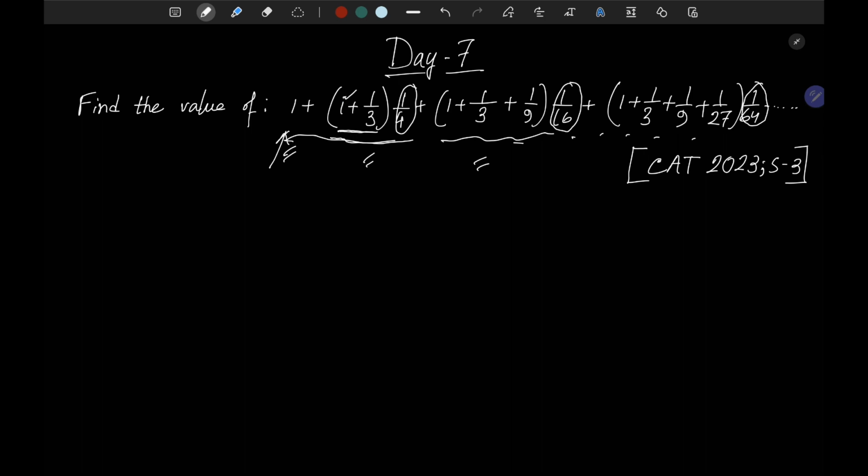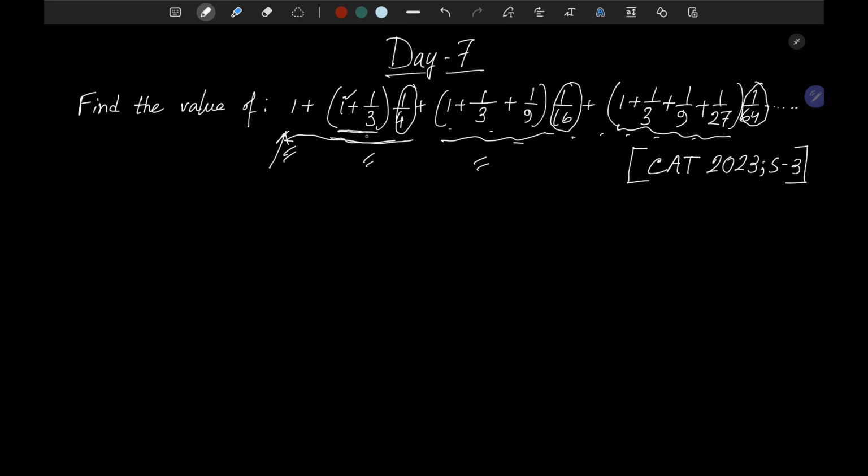So the second term is 1 plus 1 by 3, and the third term is 1 plus 1 by 3 plus 1 by 9, and so on. The denominators of each term in this sum go with powers of 3.